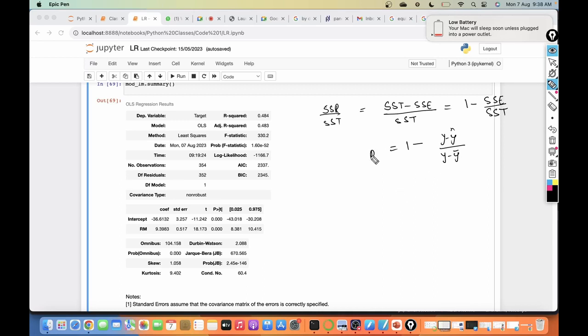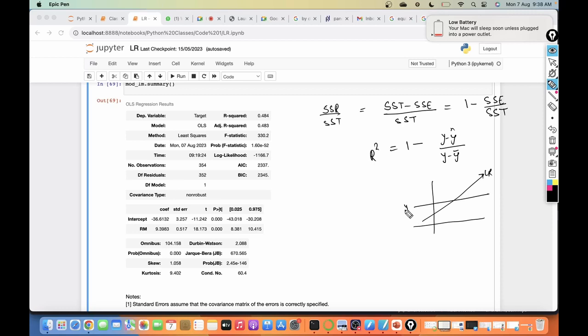This is our r square, right? And y average is what? This one, right? And this might be our linear regression line, right?